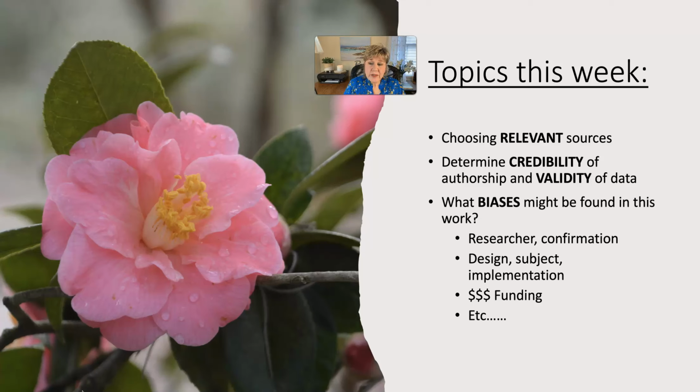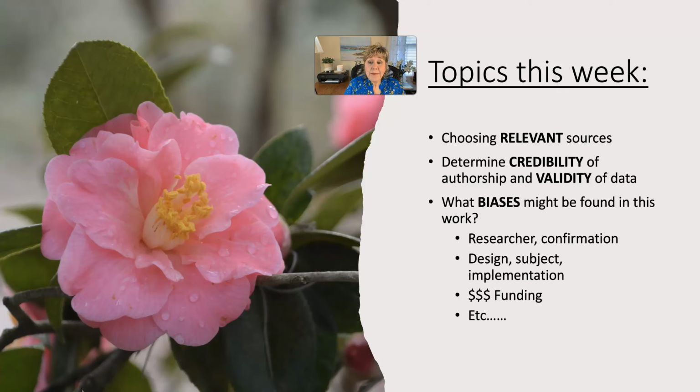All right, then you're going to determine the credibility of the authorship. Find out who the author or authors are. Find out their education. Look to see where they're from. Look to see if they have expertise. I will guarantee you, when you look at the end of an article, that author will have put themselves and their references, their former references, their past references in that list of references that they have for this article, because of course they want to cite their own work.